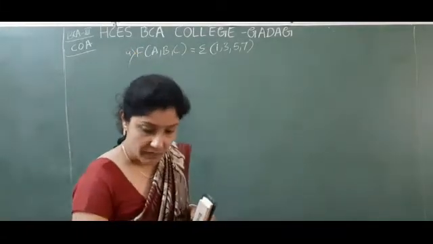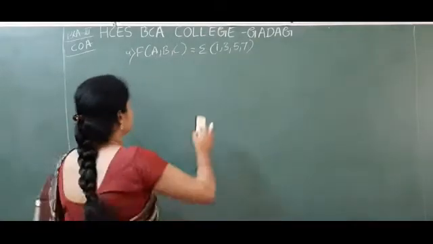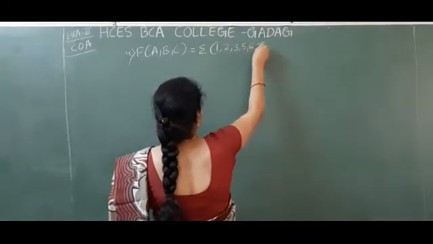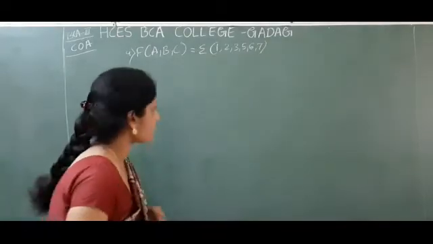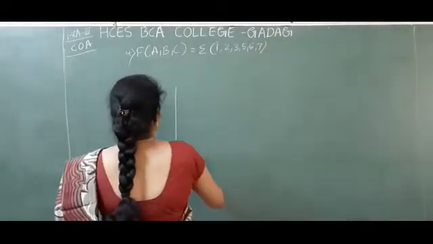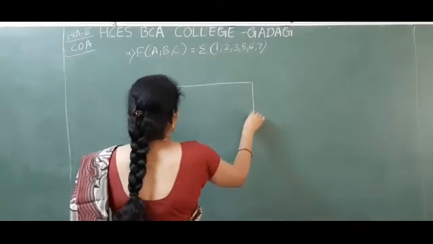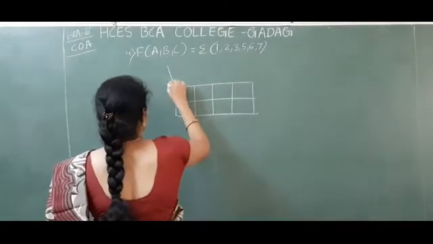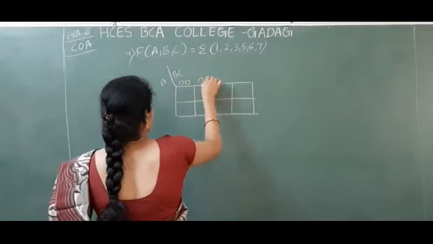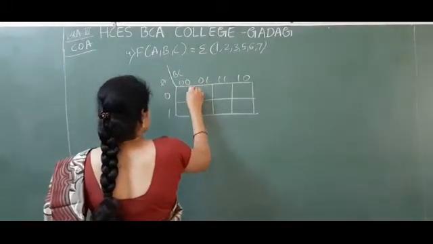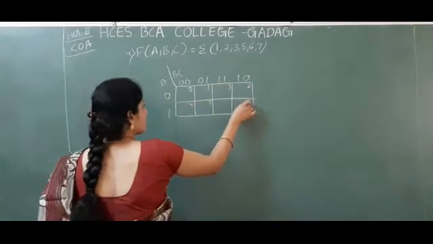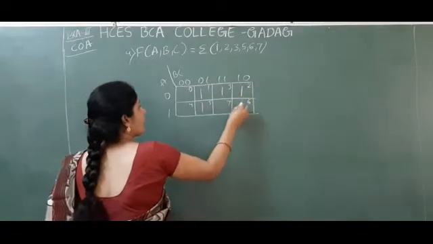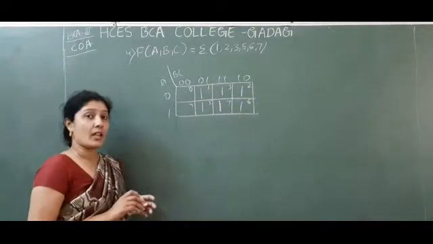Now the next one is 1, 2, 3, 5, 6, 7. Okay, now look at this.